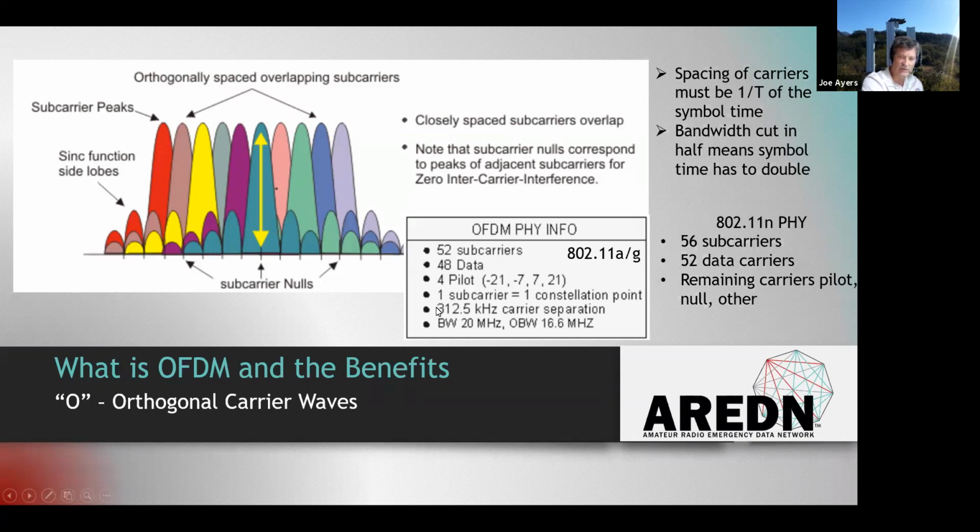So if you took this spacing times 64, you'd end up with 20 megahertz. Now there are 52 subcarriers, 48 containing data.